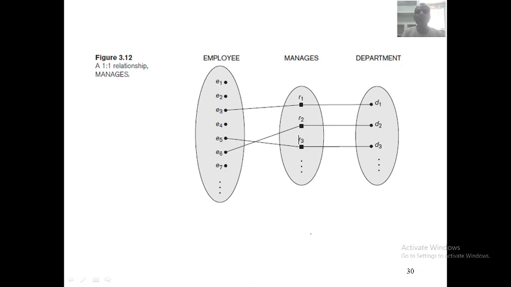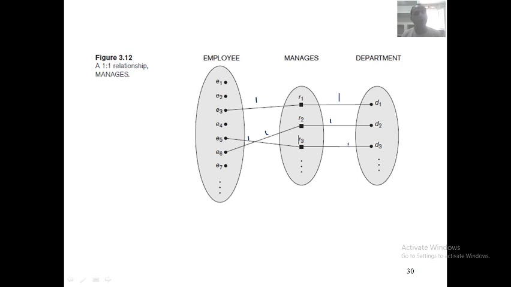What is the cardinality ratio? One employee can work as a manager of one department. Employee E3 manages D1. E6 manages only one department, D2. Then E5 manages department number 3.